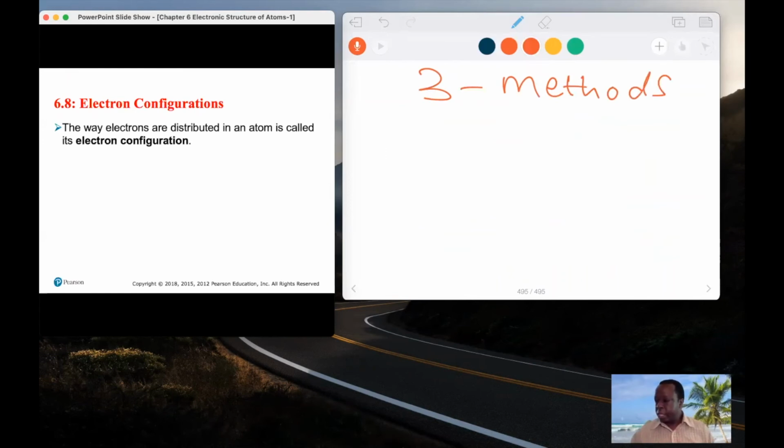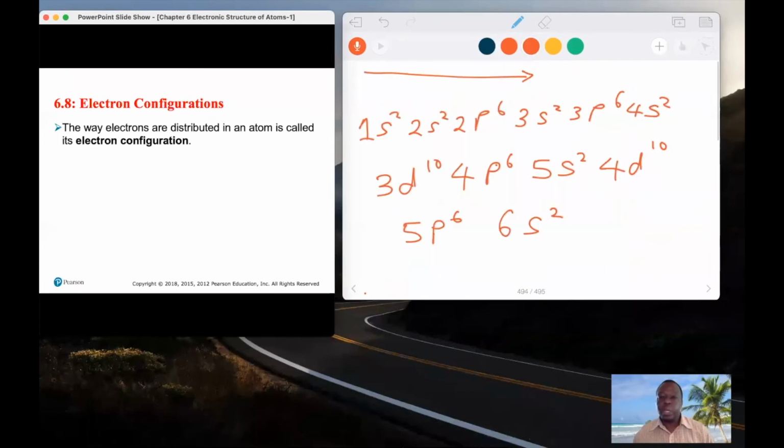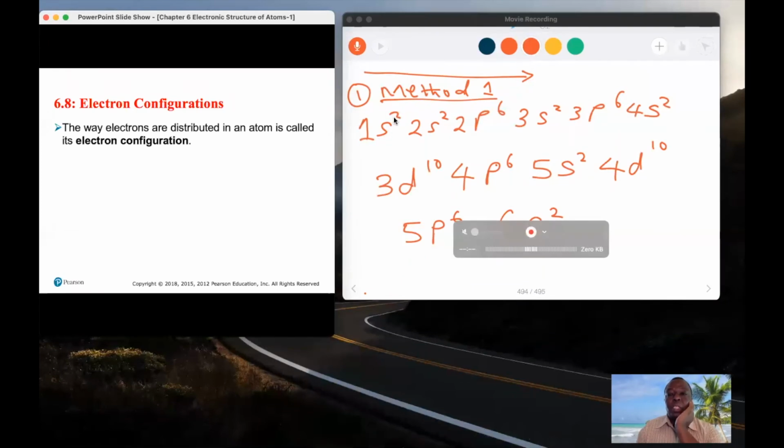One is using this: 1s2, 2s2. Using this is one method. Let me just write here that this is method 1 of writing electron configuration.